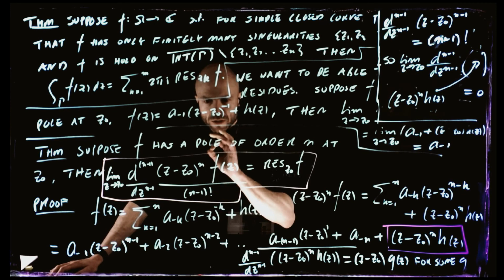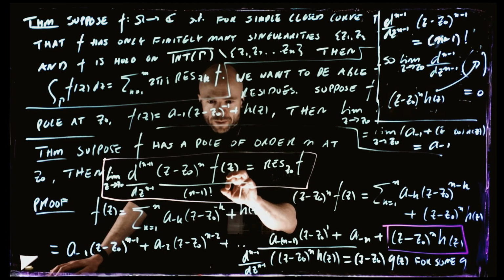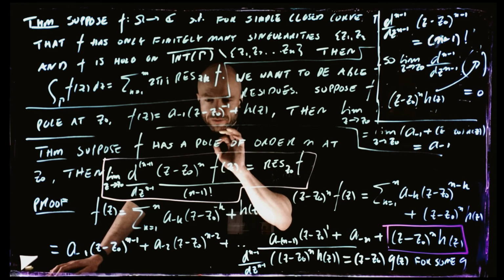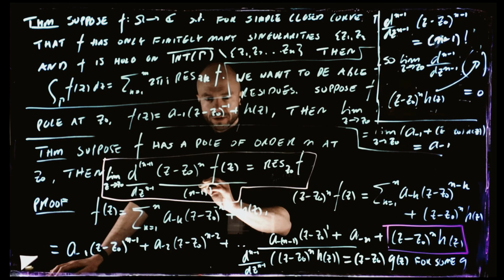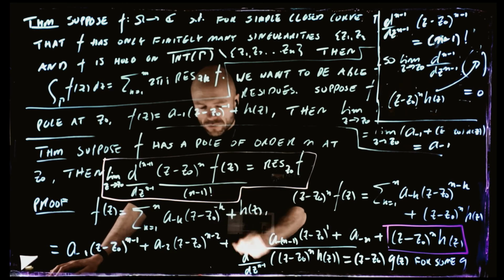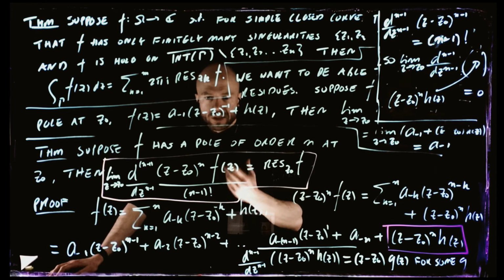Yeah? So when you revise for this topic, just take a piece of paper, and with the fact that you have the expansion, which is easy, you should know the expansion at this point, and the memory that you're going to multiply by z minus z0 to the n, and you're going to do some differentiation, work out the formula. Work out the formula. And once you've worked out the formula a couple of times, you will not have any problem with the formula, because it will seem natural to you.